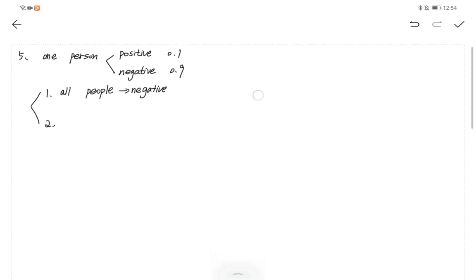And the second situation is that the mixed blood is positive. So we need to test one by one.